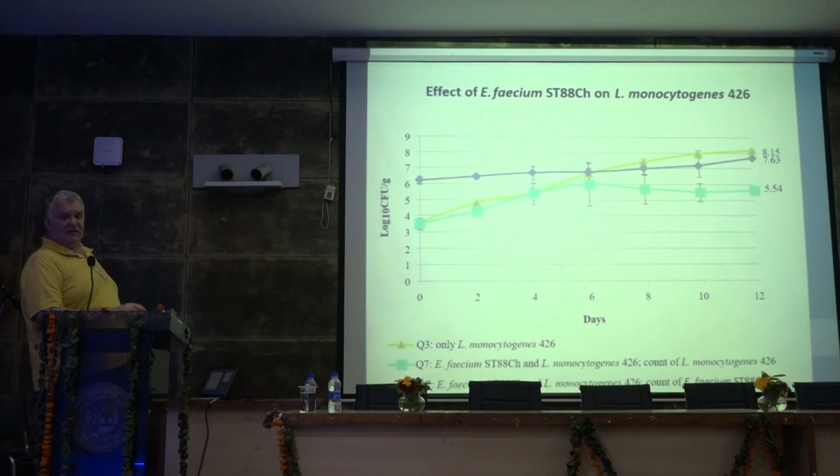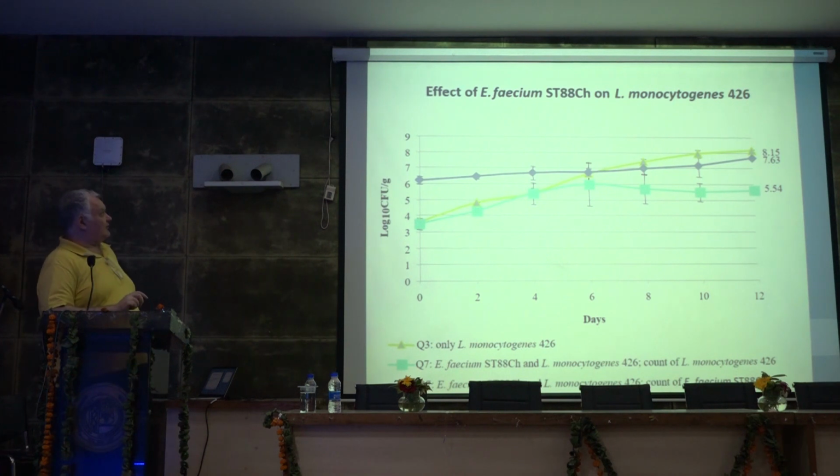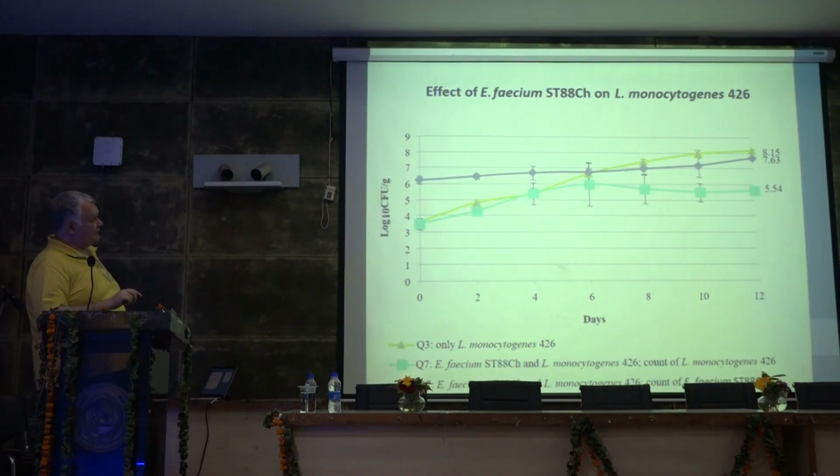So we made cheese the same way as the previous, with the Argentinian and with the Brazilian strain. When we looked at the effect of the Brazilian strain on Listeria monocytogenes, you can see that Listeria, the green-yellowish one, is growing quite well. Well, it's normal. Listeria likes dairy products.